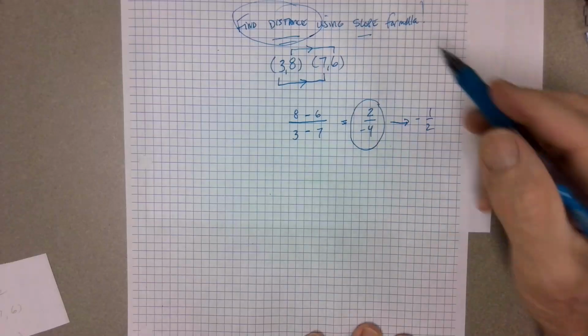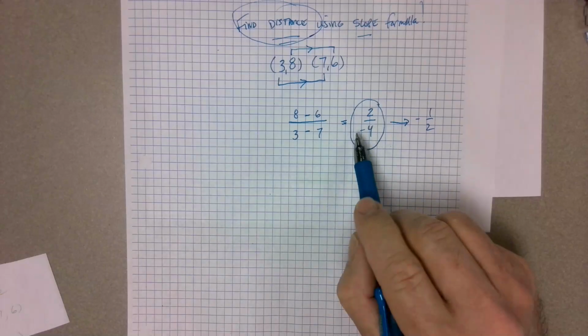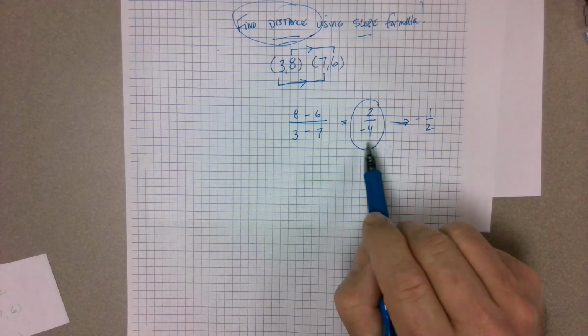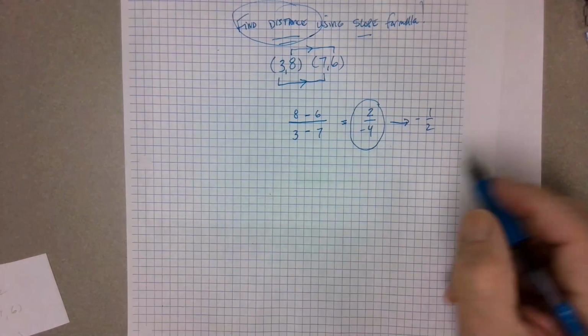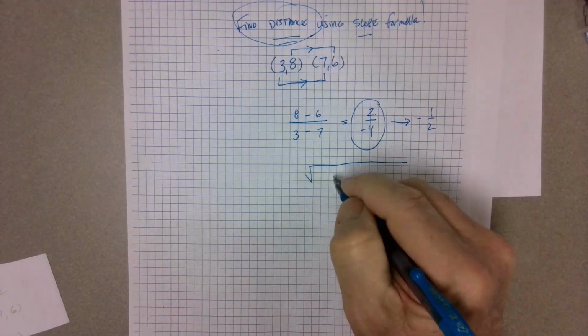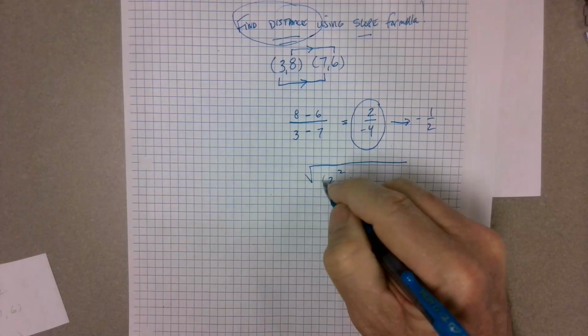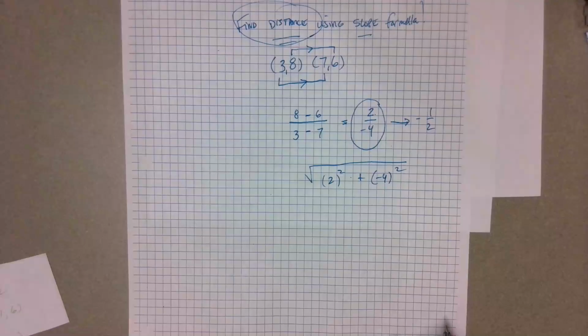You never would use the reduced fraction. You're going to have to use the absolute value fraction. All right, so this number that I've circled, this now allows me, if you take the top number and the bottom number and you square them and add them under the radical, that's the distance.